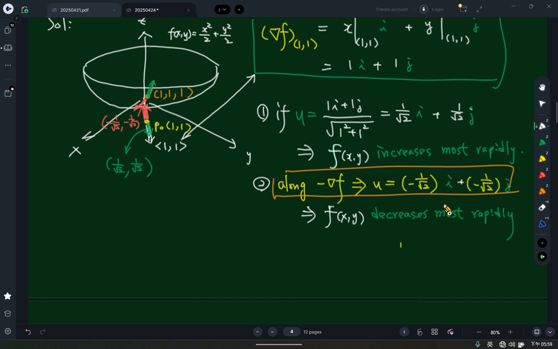The third case is along some n, which is negative 1 over square root of 2 i plus positive 1 over square root of 2 j, or this one.